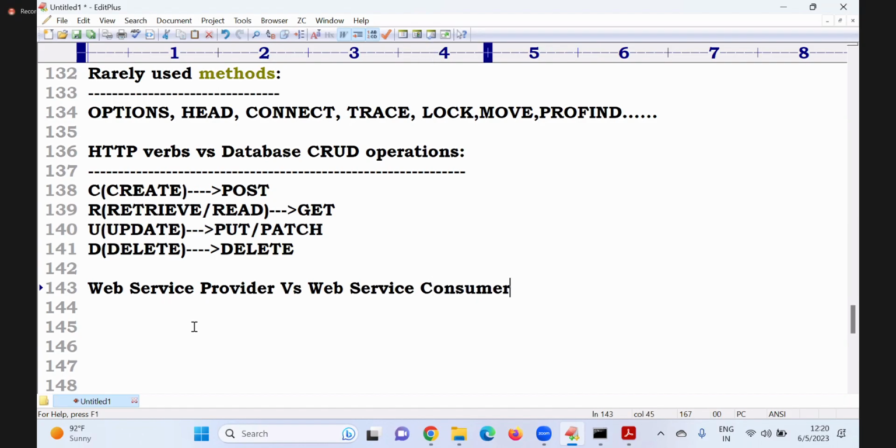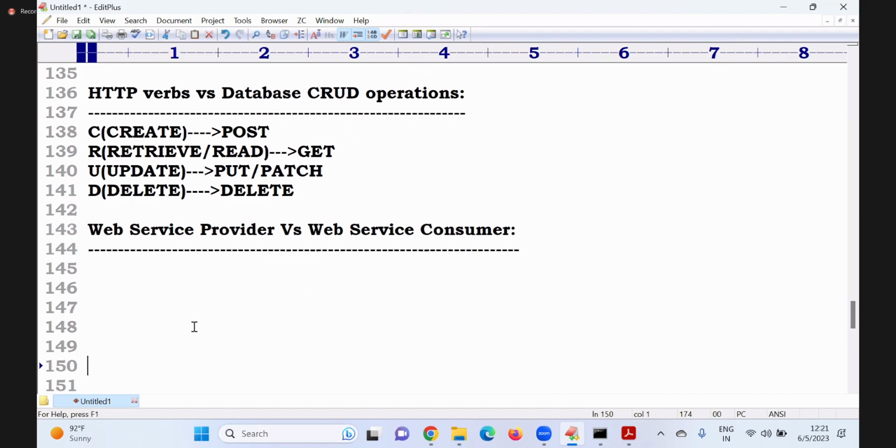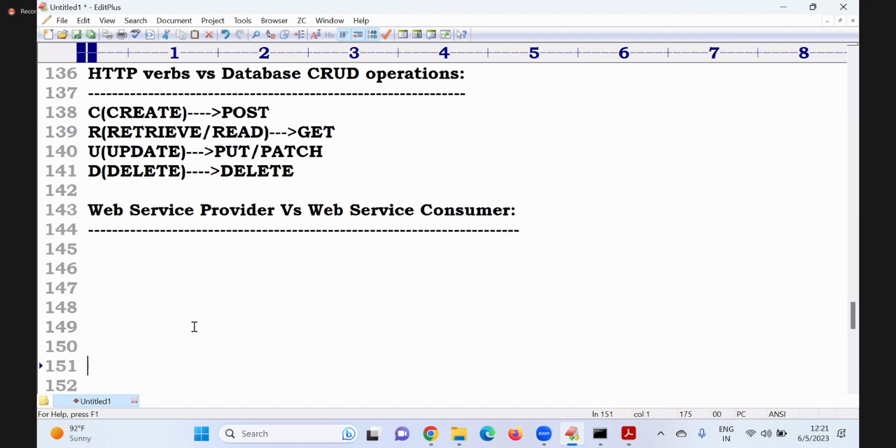Consumer means, am I using any payment gateway services? Are you using payment gateway services? Yes, sir. Which application are you using? IRCTC, Book My Show, anything. They are accessing payment gateway service.